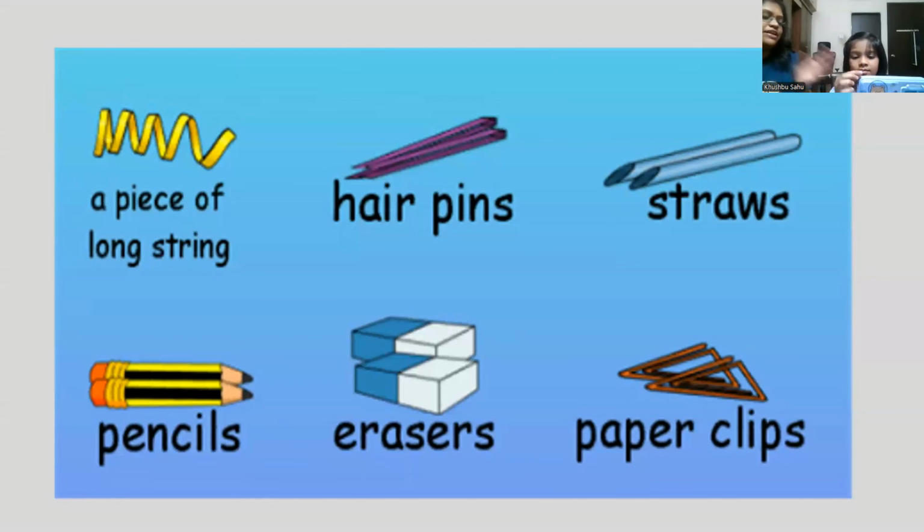So Advika will measure it: 1, 2, 3, 4, and a half. What is the length of this pencil box, Advika? The pencil box is 4 and a half hairpins. Right, kids. So we can take some object to measure any other object, and that is also considered a non-standard unit of measurement.